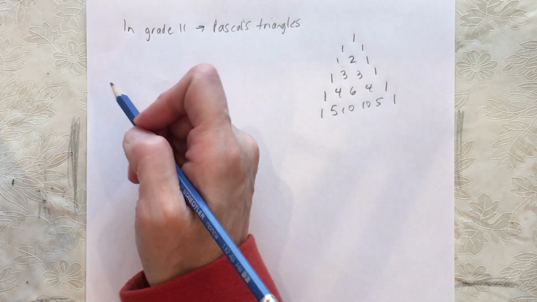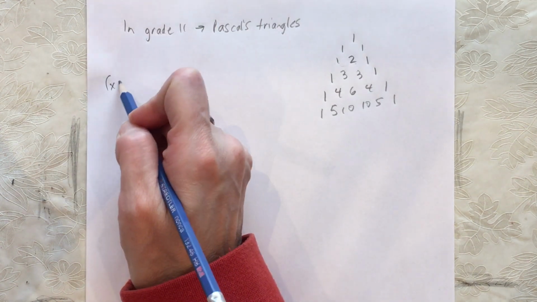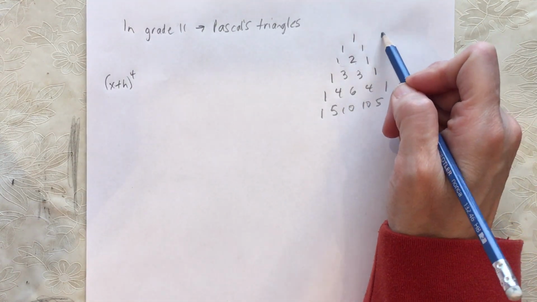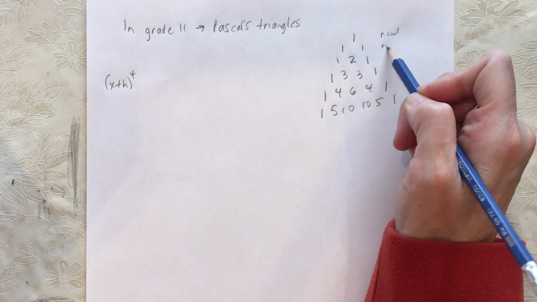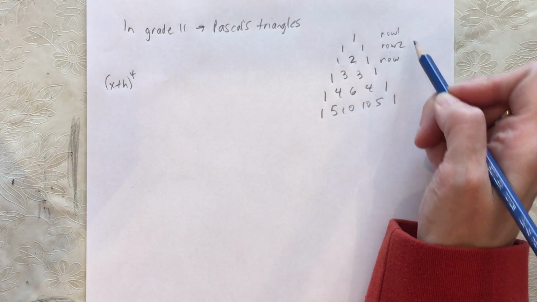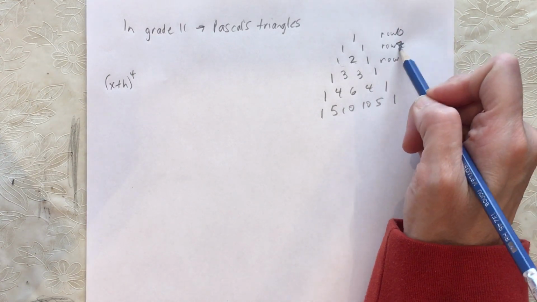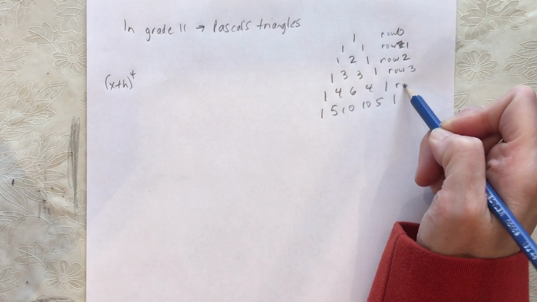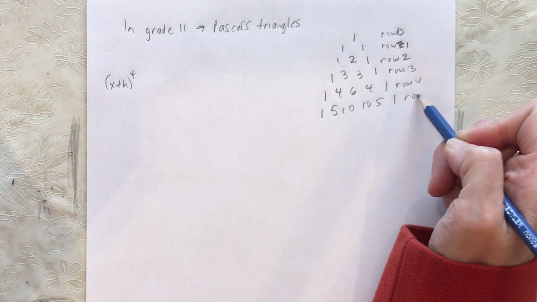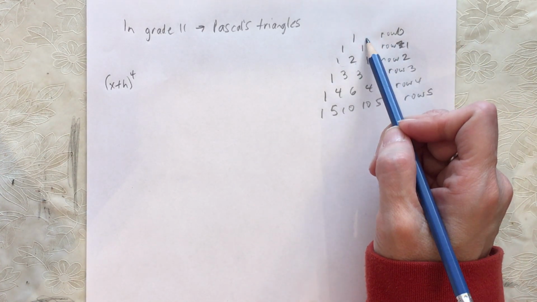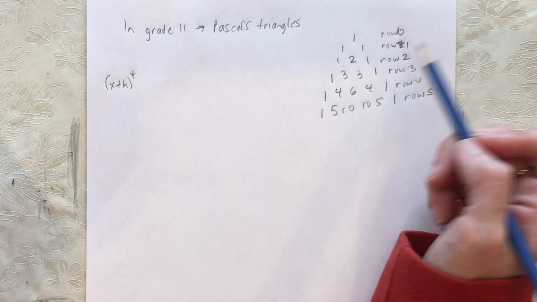I'm going to remind you then how we would have expanded something that looked like x plus h to the 4th. So this is row 0, row 1, row 2, row 3, row 4, and row 5. And they name them that way because the second number in from row 0 is a 0 that you don't see.